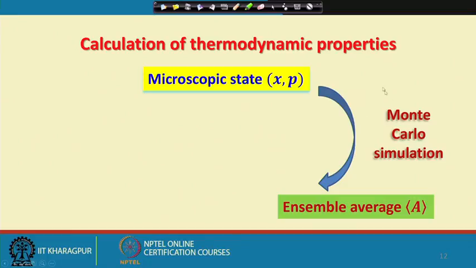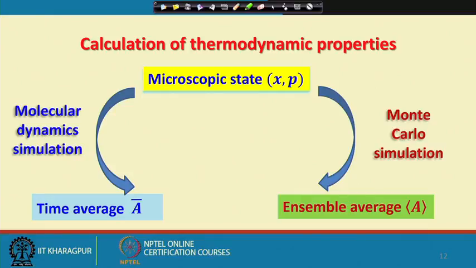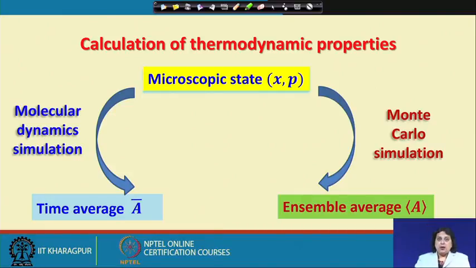If this perturbed structure has not changed much, I will examine if it still belongs to a point on the ellipse, and if this condition is met, I have a second representation of the microstate, and I will go on generating as many microstates as possible and then calculate the ensemble average of A. On the other hand, I could have the time average by solving the equation of motion, and this way we would monitor the different microscopic states of the system through the prescriptions of molecular dynamics simulation.